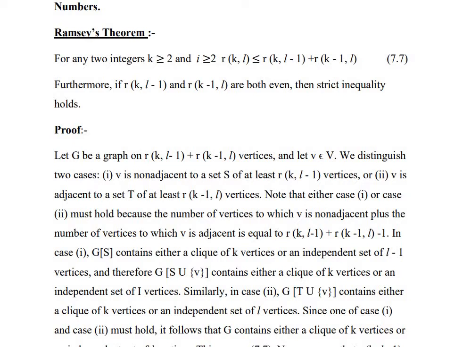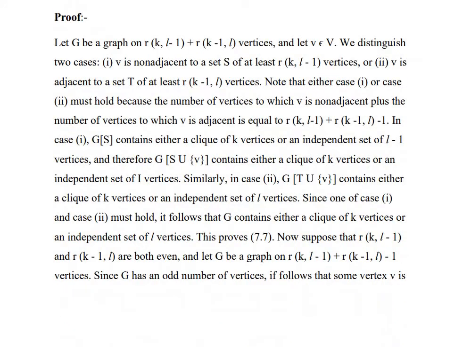In case 1, the graph formed by the subset of vertices S, denoted as G of S, contains either a clique of k vertices or an independent set of l-1 vertices, and therefore G of S union the singleton set V contains either a clique of k vertices or an independent set of l vertices.